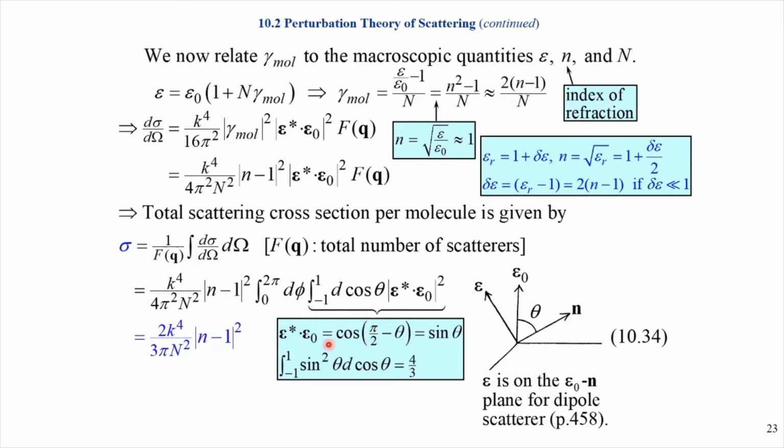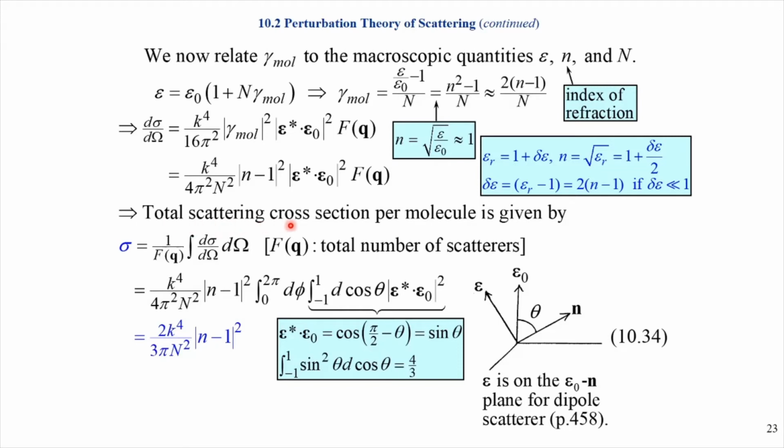So we can write it as cosine of pi over 2 minus theta, okay, so it's sine theta. So in sine theta squared d cosine theta, the result is 4 over 3. The 4 cancels with this one, over 3 here. And this one gives us 2 pi, the 2 and pi cancel. Okay, that's the final result.